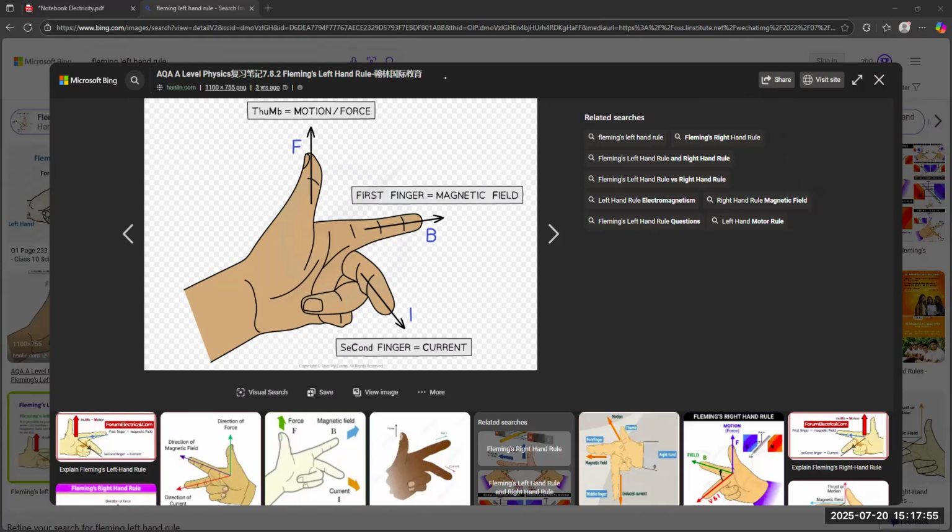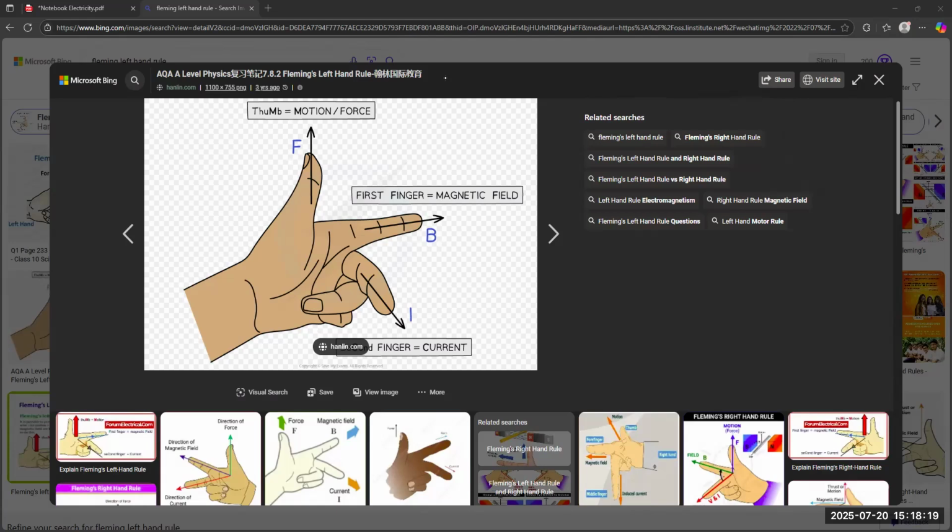In this left hand rule, you have to use the orientation of the first and second finger and the thumb in this format. You can see the thumb is in vertical upward direction, and that represents the force or the motion of the wire or the conductor.